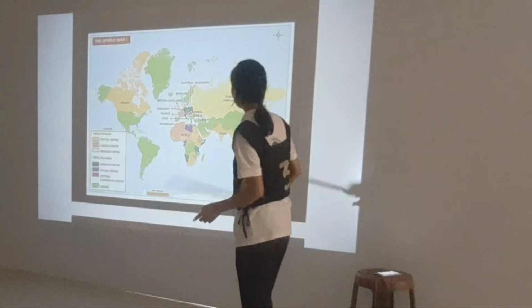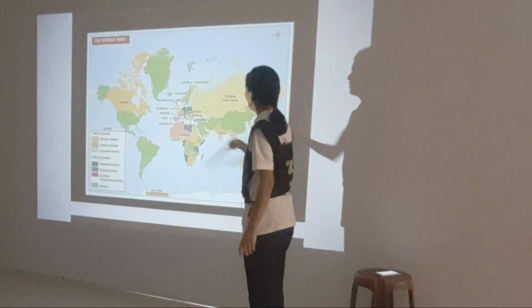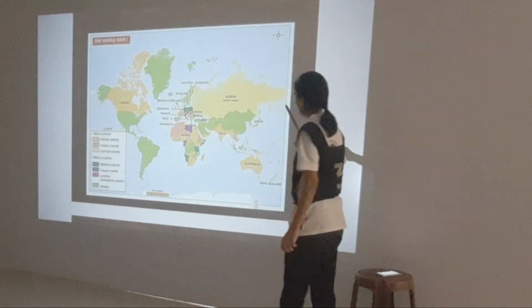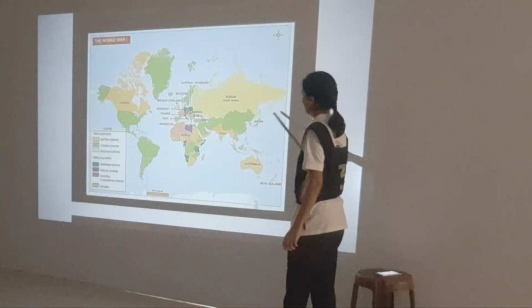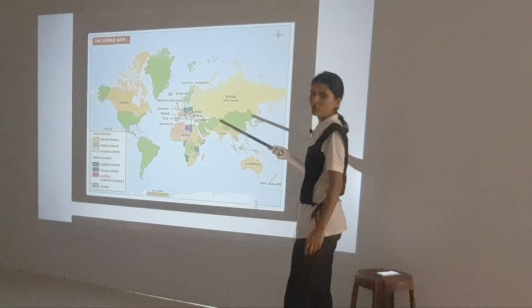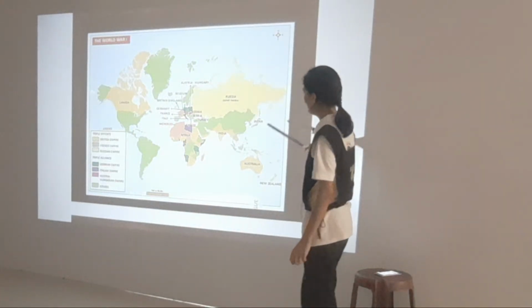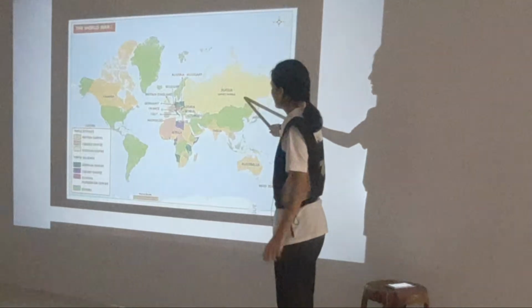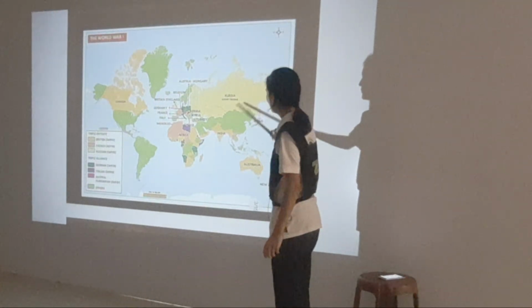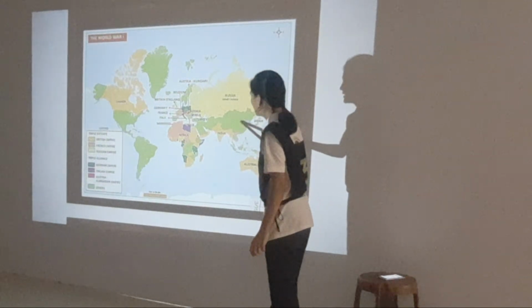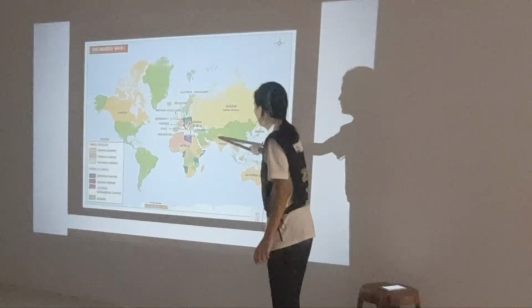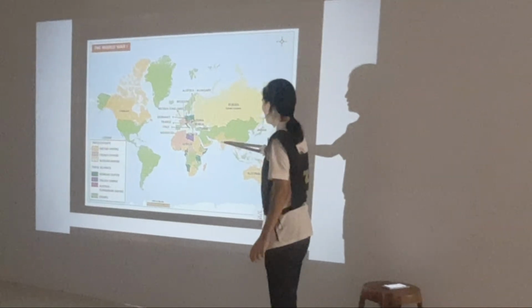So, as you can see the world map here, it is of 1914. The yellow portion is representing the Russian Empire, the green one is another empire, and the mustard color is the British Empire.